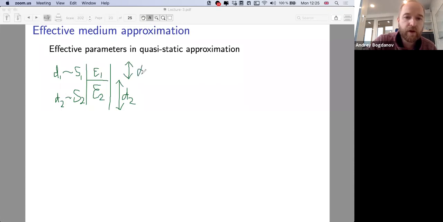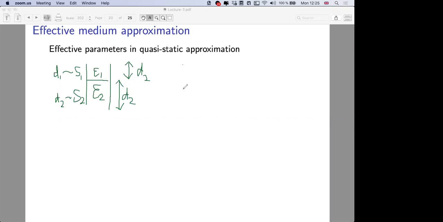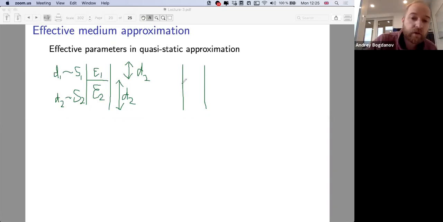So it means that the layers of my multilayer structure are horizontal. Okay? And now I need to calculate the capacitance of the capacitor with some epsilon, some epsilon ordinary.